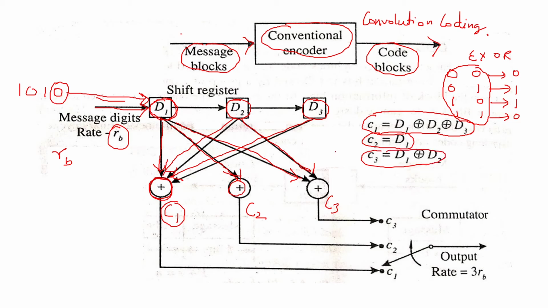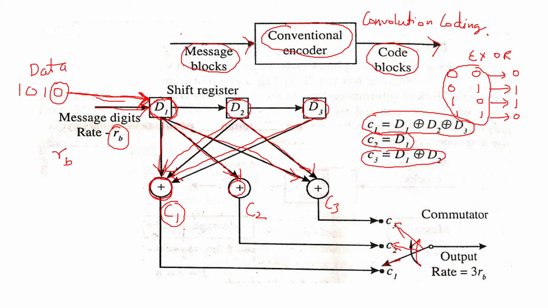Okay. Now here we have taken this data. This data is 1010. First 0 will go into this D1 register. Okay. And at that time we will see what is C1, C2, C3. So here you will have a commutator which will take the output C1, then the output C2, then the output C3. That means for one input, we are getting three outputs.